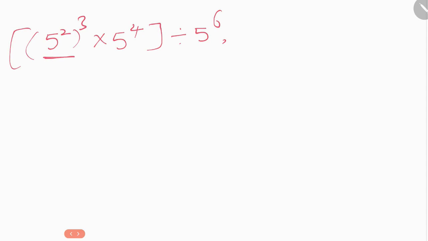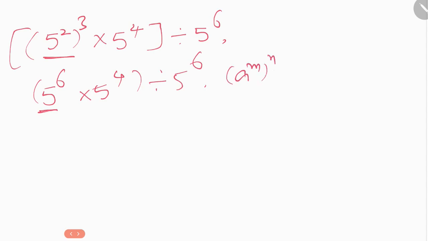This I can write as 5 power 6 into 5 power 4 divides 5 power 6. Why am I writing 5 power 6 here? Because we have a law: a power m whole power n is equal to a power m into n. By using this law I did this step.